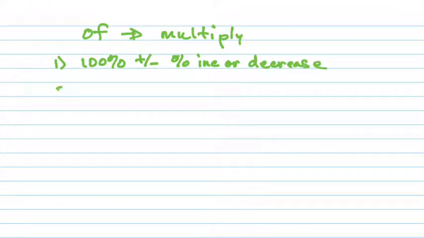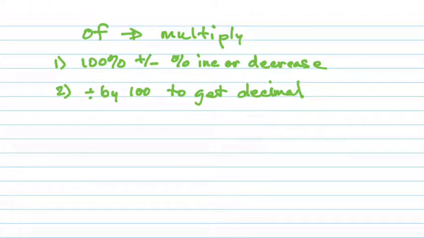Okay? Second, so that's going to give you a percent, but you can't really do math with a percent. There's a percent key on your calculator, but don't get used to the fact that you need to convert it to a decimal. Okay? So divide by 100 to convert it to a decimal.